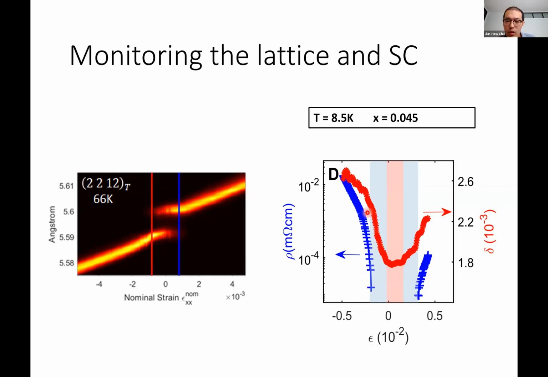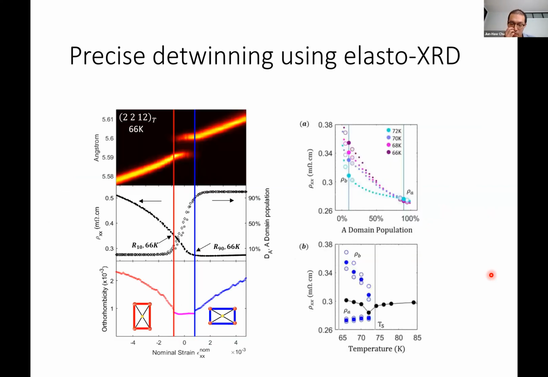And only once you pass some critical strain value do you start to see the resistance, which is the blue curve, going from zero to non-zero. So in addition to measuring this superconducting and lattice response, we can now also do the measurements we have done a very long time ago, but in a more precise fashion, which is detwinning the crystal and then measuring the spontaneous resistivity anisotropy.